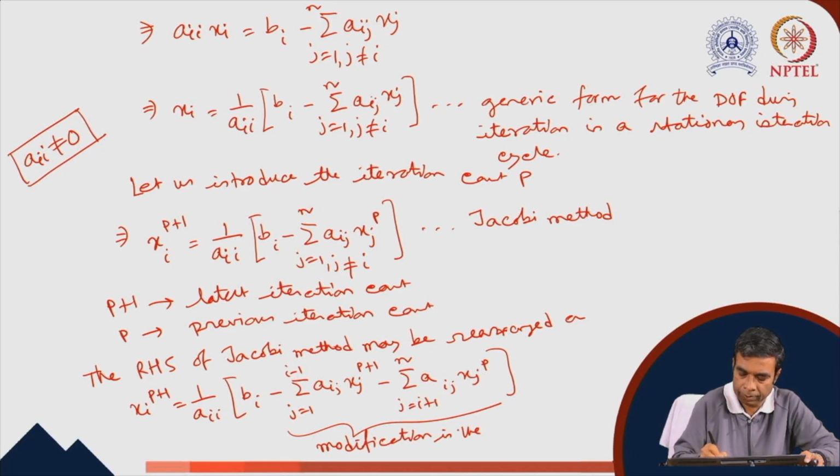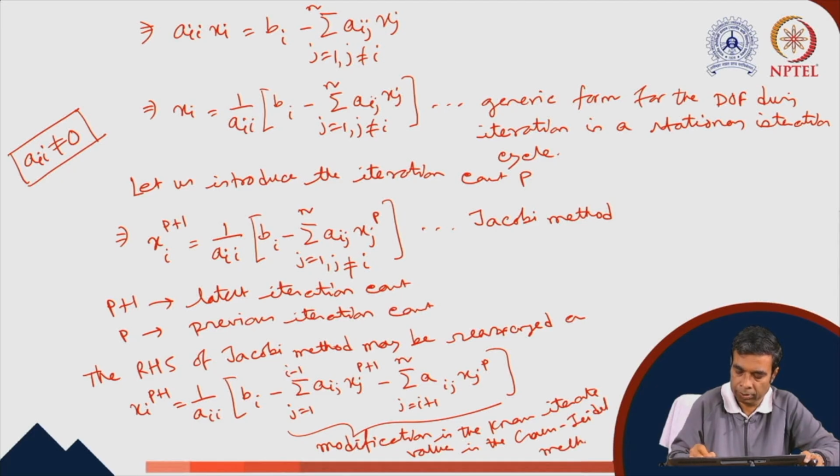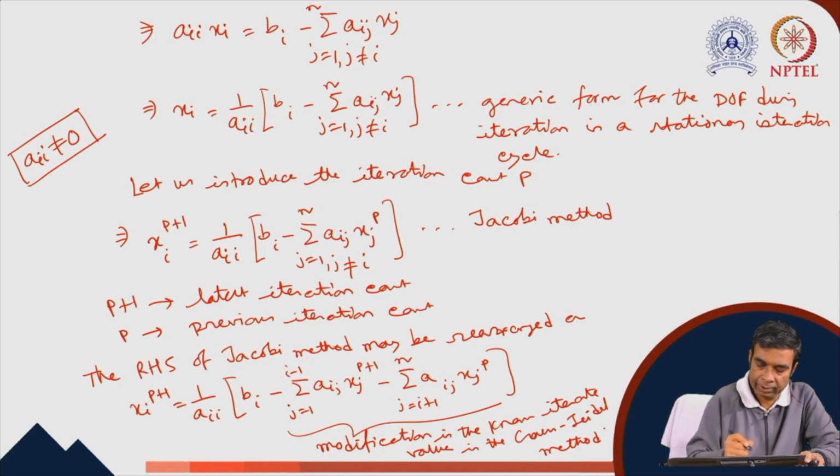in the known iterate values in the Gauss-Seidel method. So the first one is the Jacobi method, we have already mentioned, and then the Gauss-Seidel method.